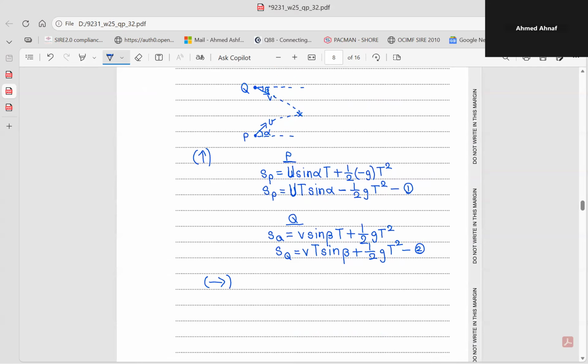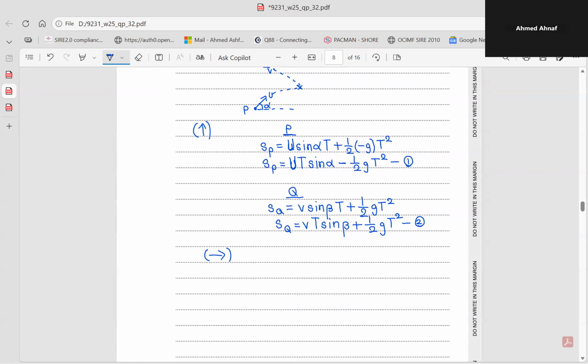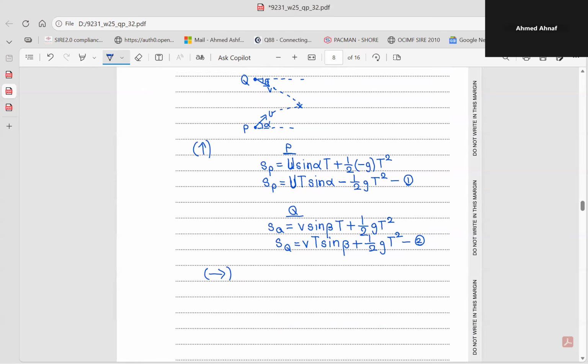Okay, so like I said before, from this diagram, we can see that they move the same horizontal distance in the same time. Okay, so we can obviously equate the horizontal distances traveled by each of them in time t. All right. So to find the horizontal distance, you just take the horizontal component of the velocity, which is always constant.